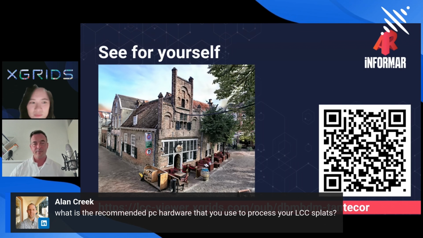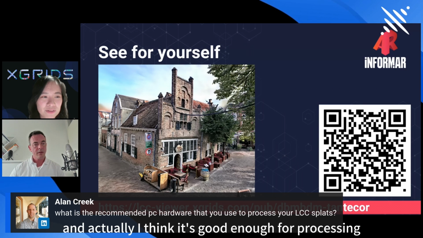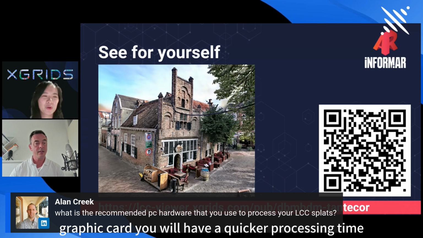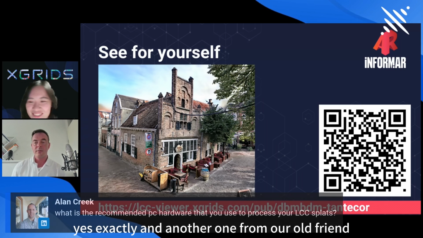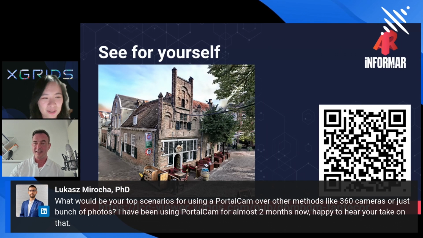Yes, exactly. For me, my laptop is an RTX 3060, and I think it's good enough for processing. But if you have a better graphics card, you will have a quicker processing time.